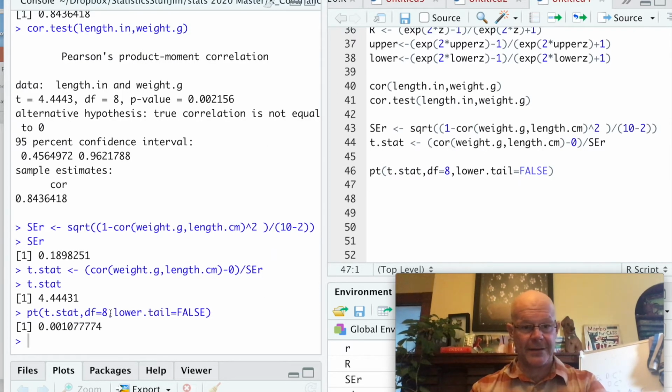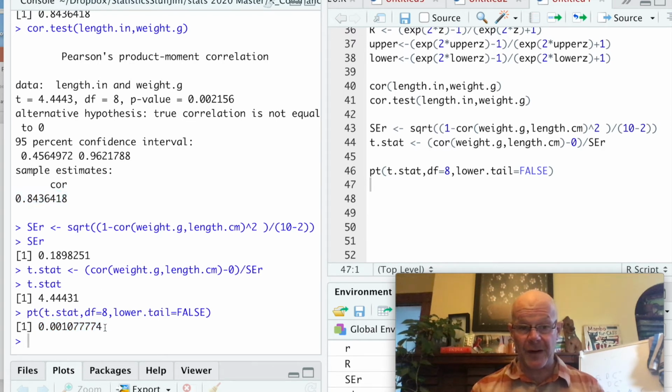And I do that. But now let's remind ourselves about the tailedness. Right now, all we've asked is what is the probability of getting something that great or greater, but we haven't accounted for the fact that, because of how we're testing this null hypothesis, we could have been negatively different from 0. We know from our correlation coefficient, which is 0.84, that we're on the positive side.